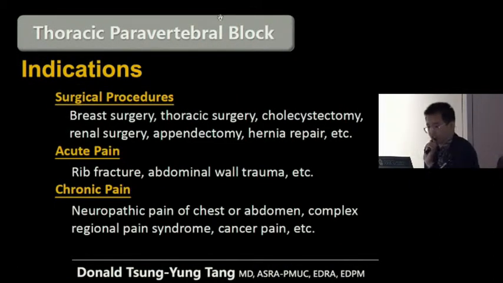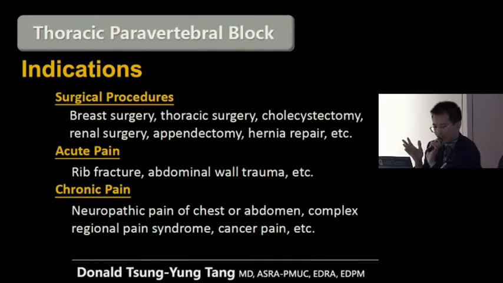So the indication is very important. This session is very technically oriented, but I have to say diagnosis is the most important thing. If the diagnosis is wrong, any technique will fail.